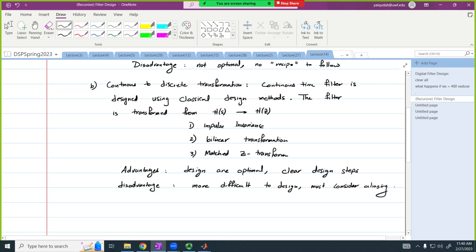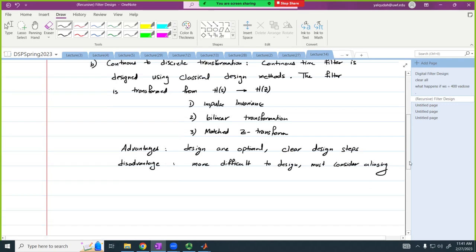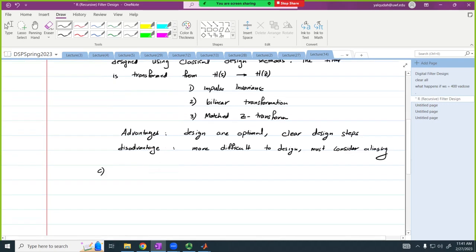Okay. The third method is using direct design. In this method, we achieve the frequency response using a recursive minimization of an error function.